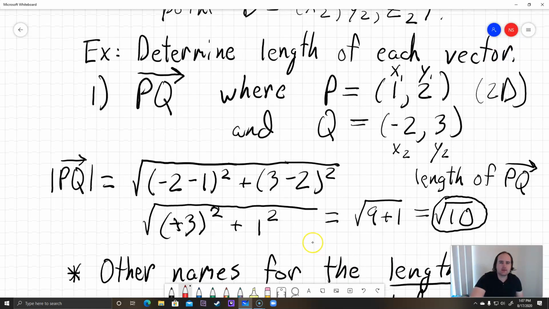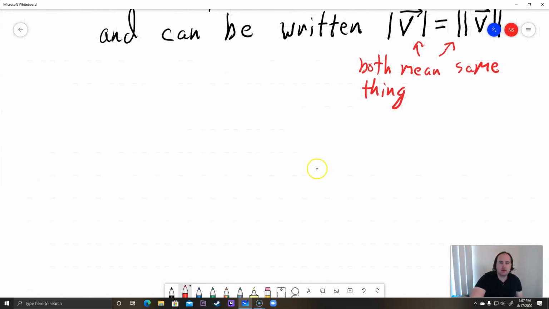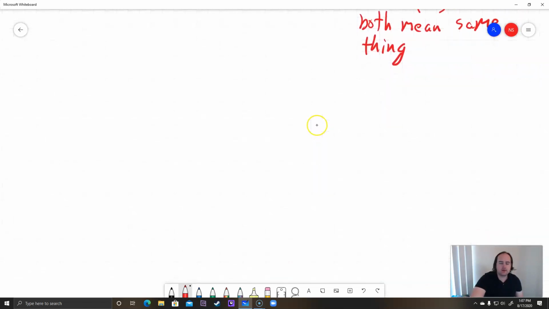Okay, so we've done the magnitude or length of a 2-dimensional vector, and then real quick I want to do the length of a 3-dimensional vector. So part 2 of our example.